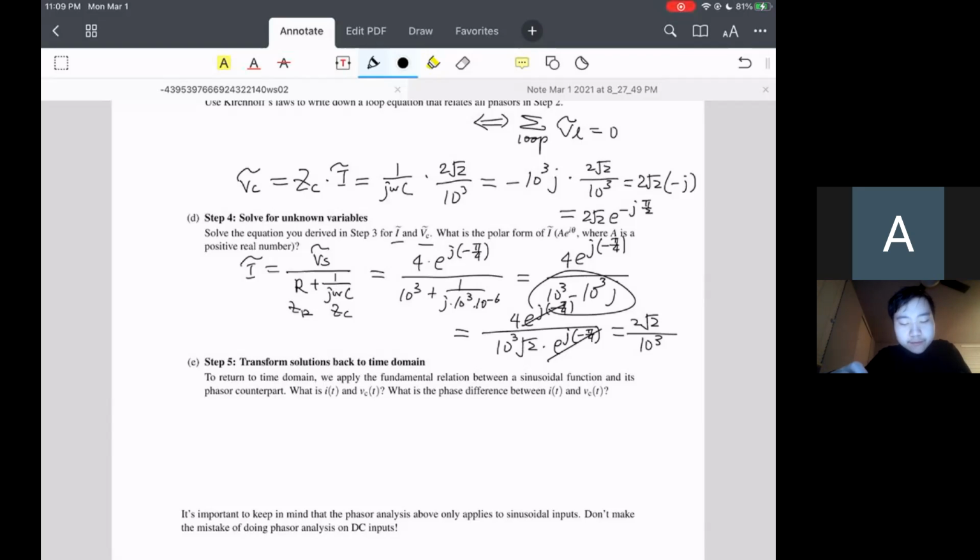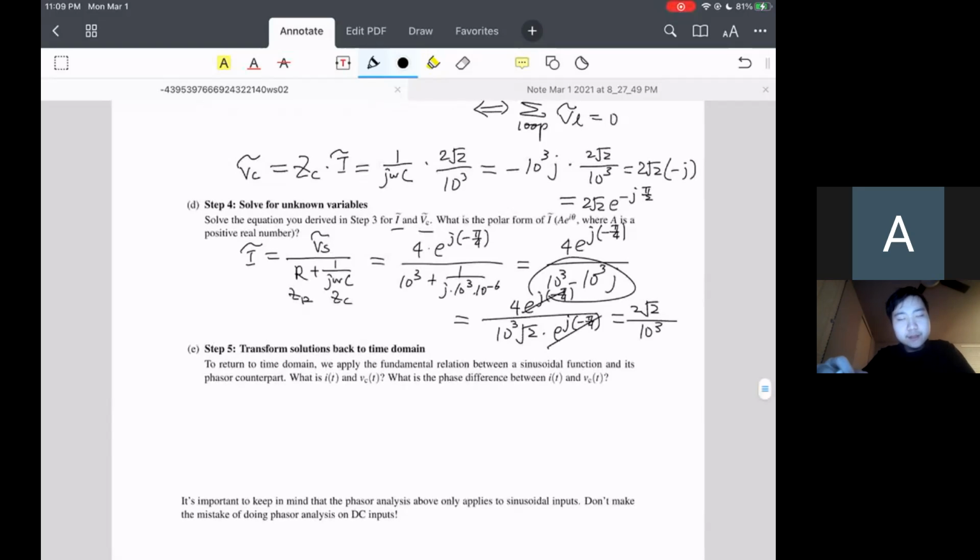And as a final step, we transform the solutions we get out of the phasor domain back into the time domain, so the regular domain. So as we have explained, we just apply the formula. I of t is equal to I tilde times e to j omega t plus I tilde's conjugate times e to negative j omega t. Okay.